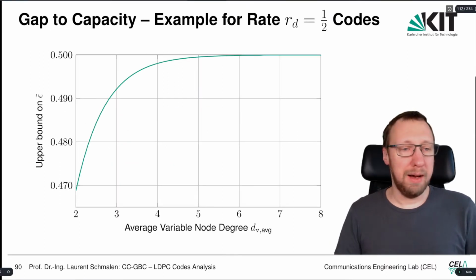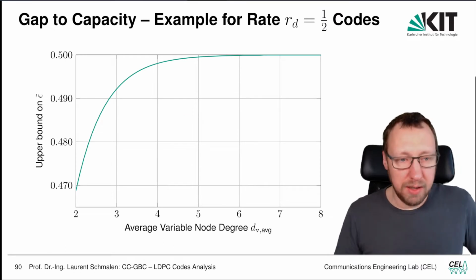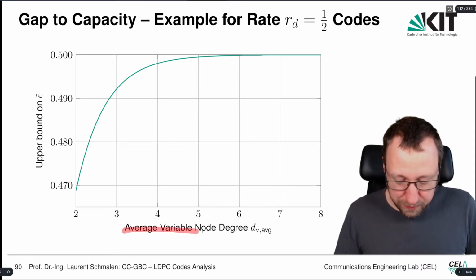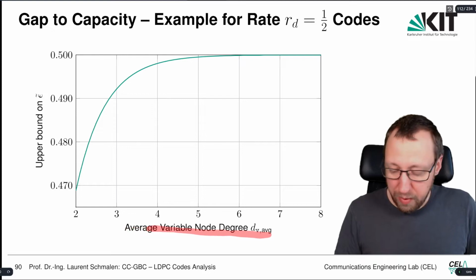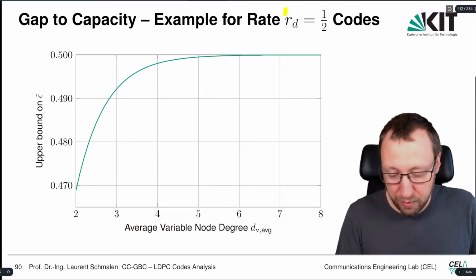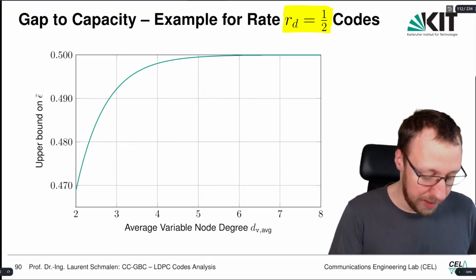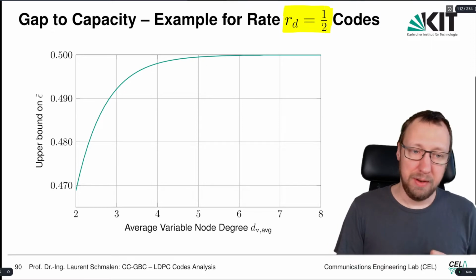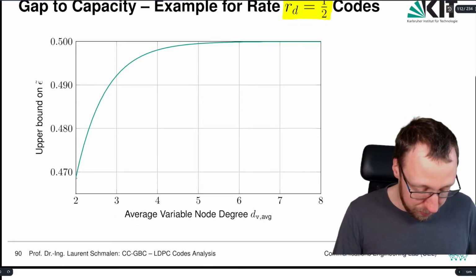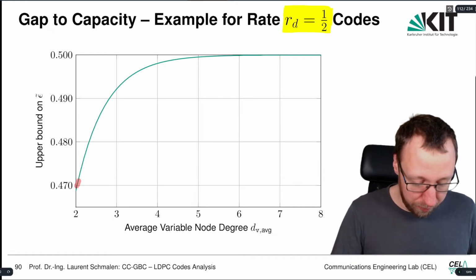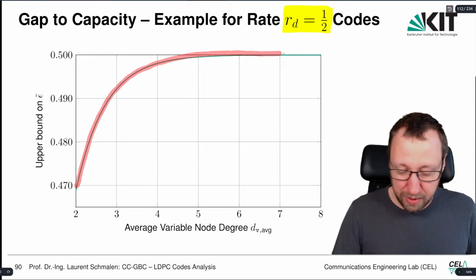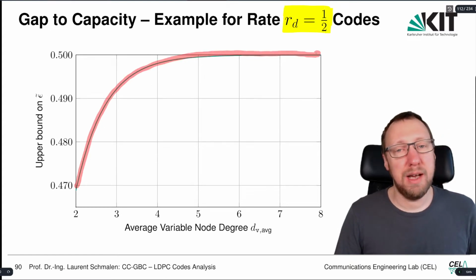So here is an example. So here is the average variable node degree. We are looking at a code of rate 1/2, and we see the upper bound on epsilon tilde from the previous theorem. And we see that it will converge quite rapidly to 1 minus the design rate.